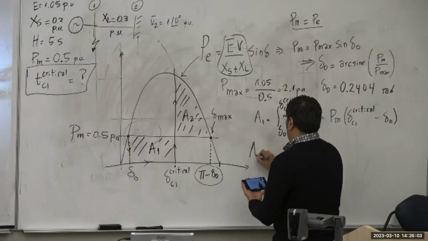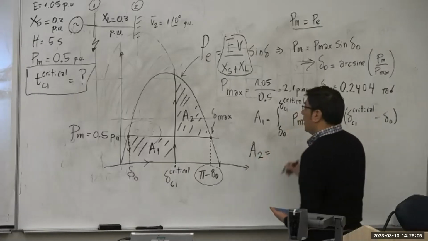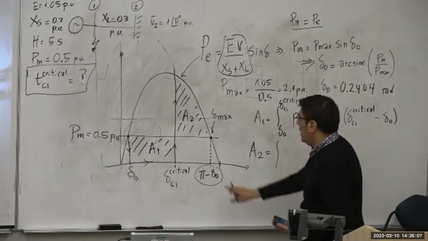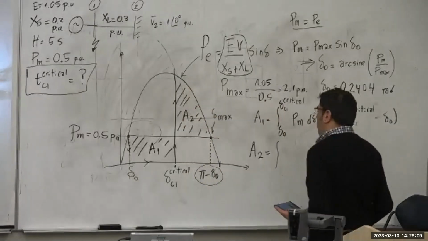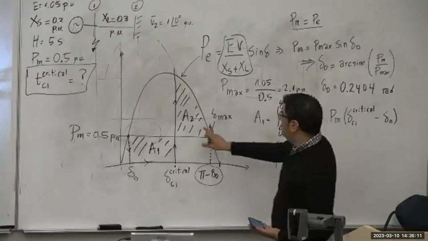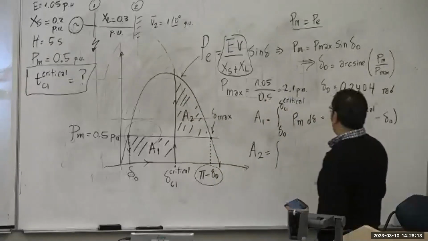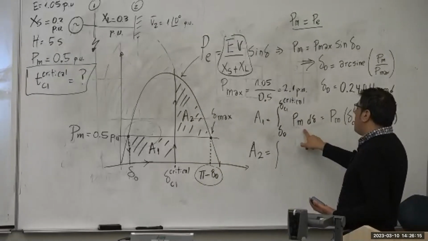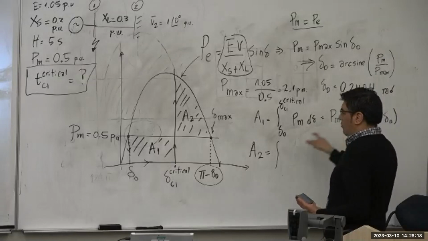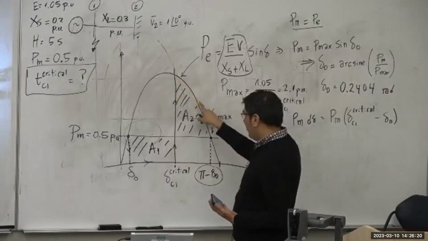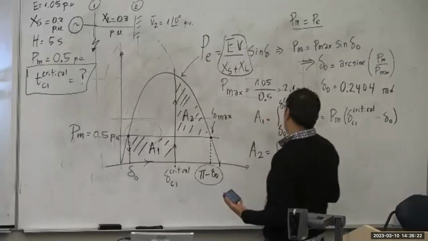The second area, area 2, will be the integral of this part. This integral needs to be positive. So instead of getting the mechanical power minus the electrical power, here we need to get the electrical power minus the mechanical power.